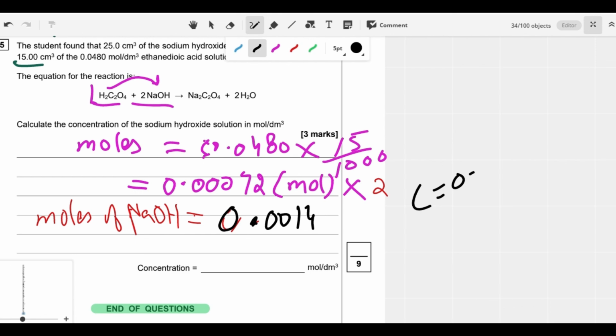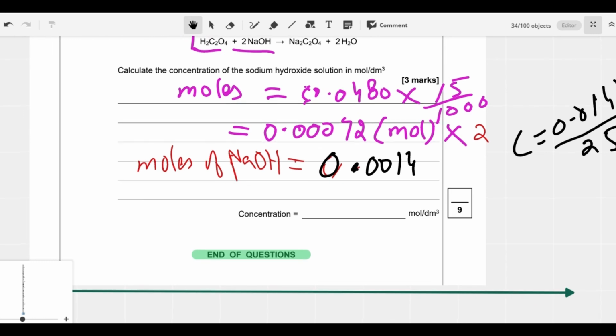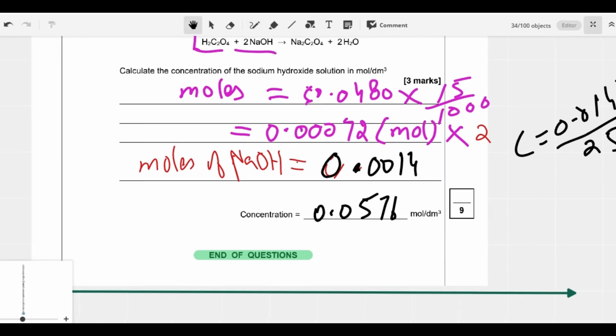The concentration is equal to moles over volume. So I'm going to write 0.0144 over 25 centimeter cubed, which is 25 over 1000, I just changed it. So by calculating it, the answer is 0.0576 moles per decimeter cubed. So that is the answer.